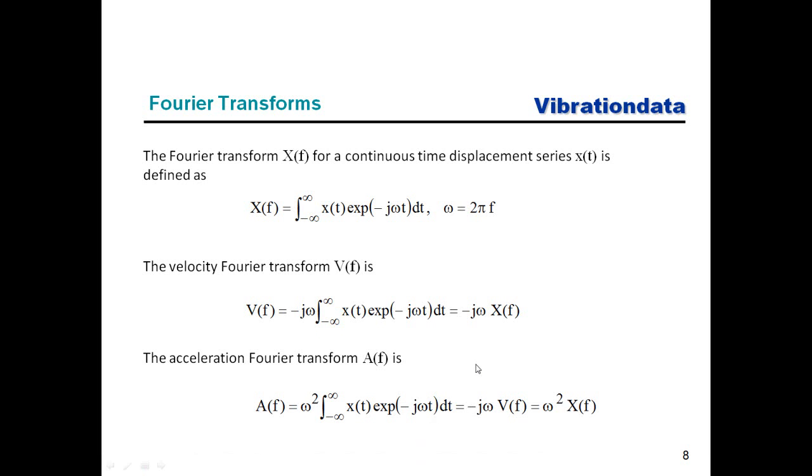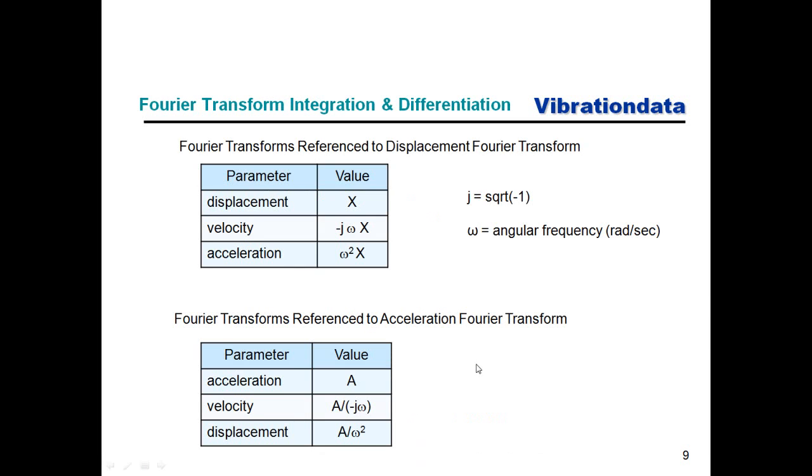But there's another summary table I'll show you. So let's set up a pair of tables here, and this is going to be Fourier transforms referenced to displacement Fourier transforms. So let's say we have our Fourier transform of our displacement, that's uppercase X. To get velocity, it would be minus j omega times the Fourier transform of displacement.